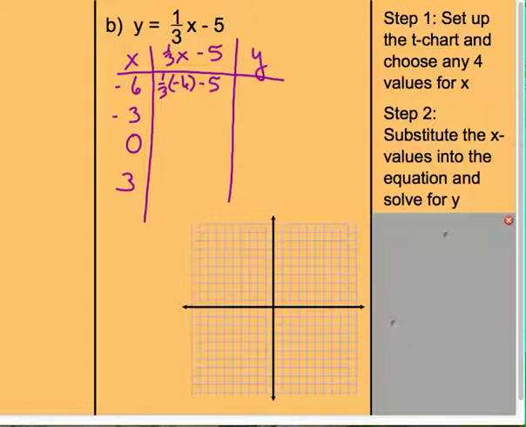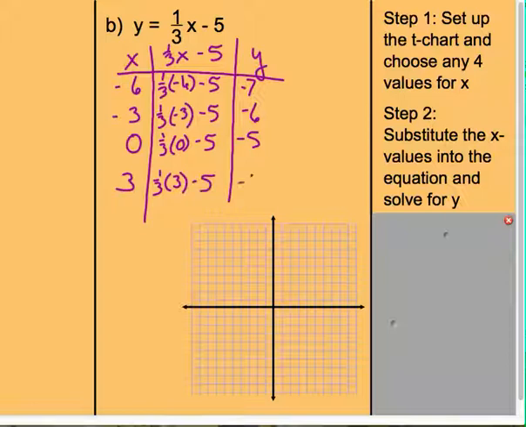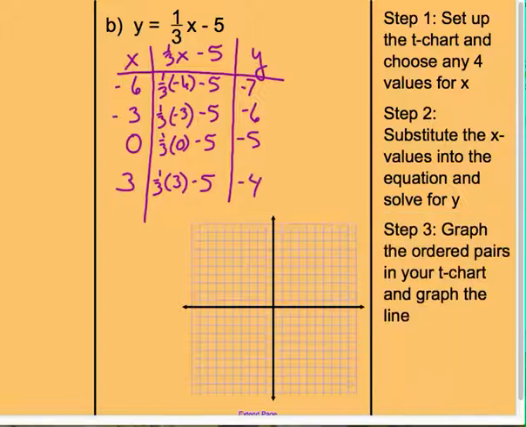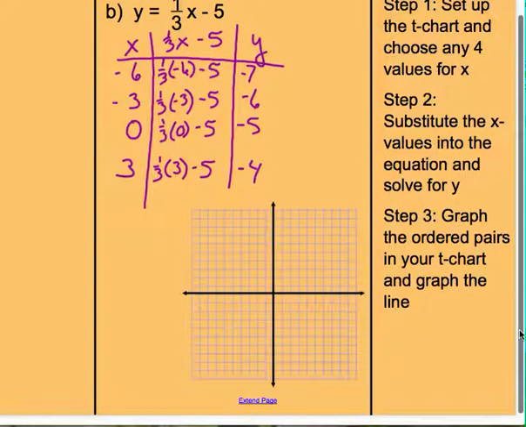So look what happens when I substitute these values in for x, which is step 2. 1/3 of negative 6, or negative 6 divided by 3, is negative 2, minus 5 is negative 7. 1/3 of negative 3 is negative 1, minus 5. 1/3 of 0 is 0, minus 5. And 1/3 of 3 is 1, minus 5 is negative 4. So now we're going to plot those points, and now we have all nice integers. So our first ordered pair is -6, -7.